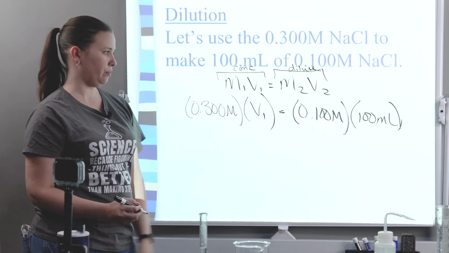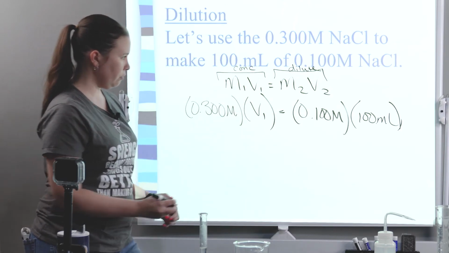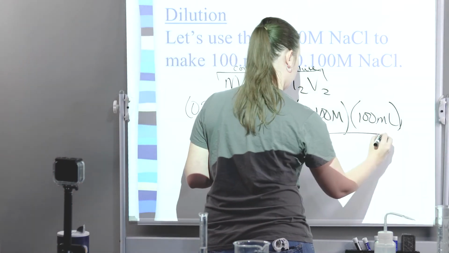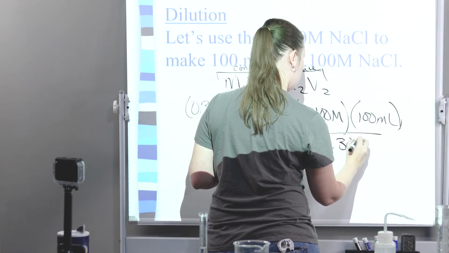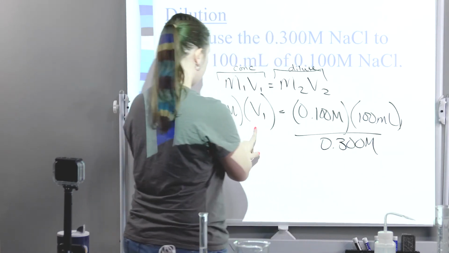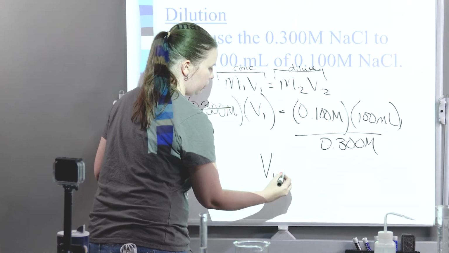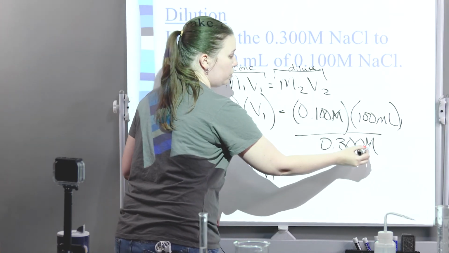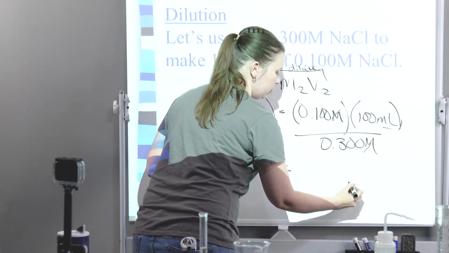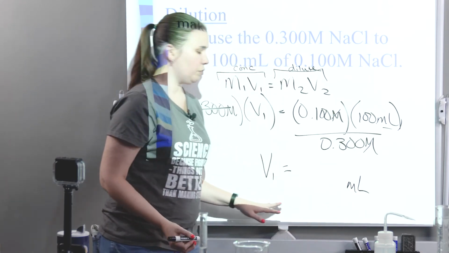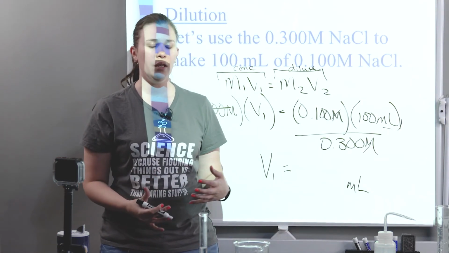That's always what we're looking for. So now to solve for V1, we're going to divide by this 0.300 molarity. Isolating V1 on the left, molarity will cancel out, leaving milliliters as my unit for volume, which is okay.